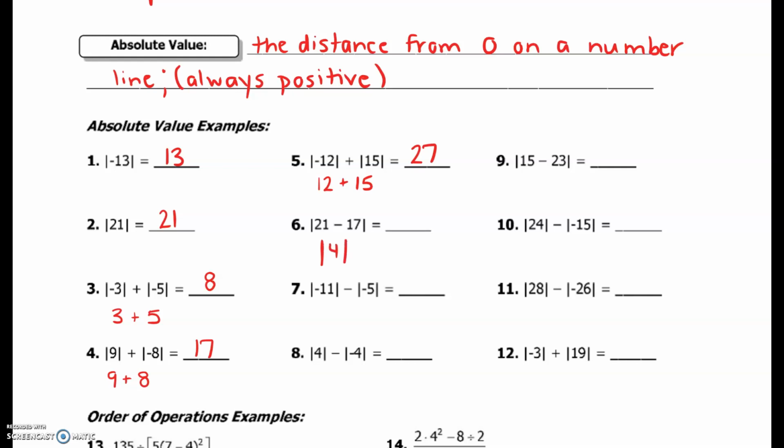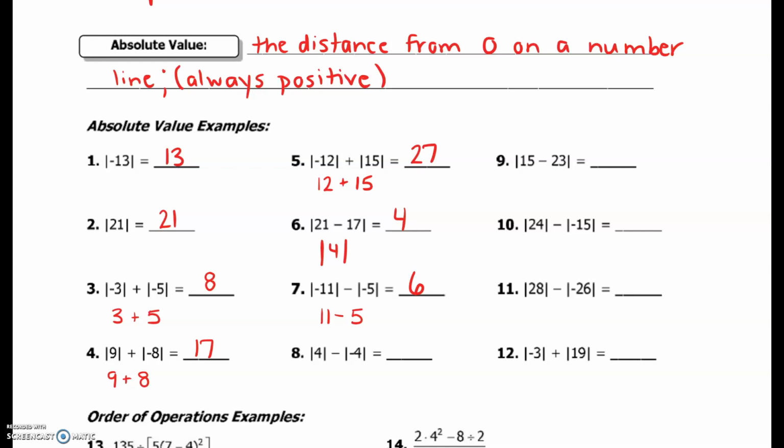The absolute value of positive 4 remains positive 4. Number 7, the absolute value of negative 11 is positive 11 minus the absolute value of negative 5. Again, that would turn to a positive 5. So 11 minus 5 gives us a result of 6.